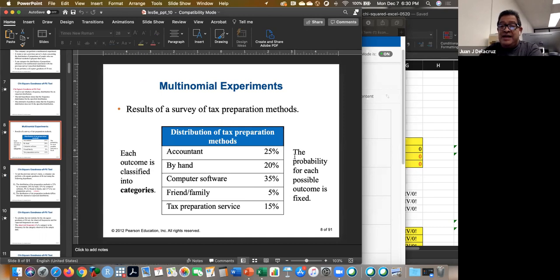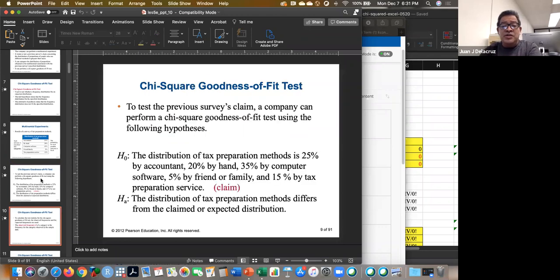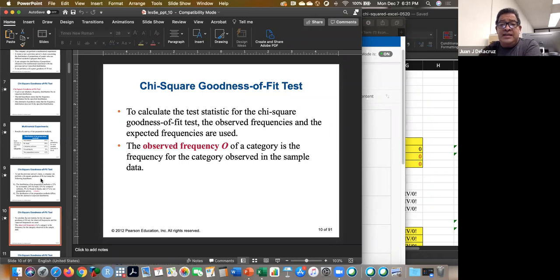For example, if I gather my information, I'm going to count how many people in my survey are using accountants as the method for preparing their taxes. I'm going to have a number for those who choose by hand, and so on and so forth. So in this case, we are going to find the following.